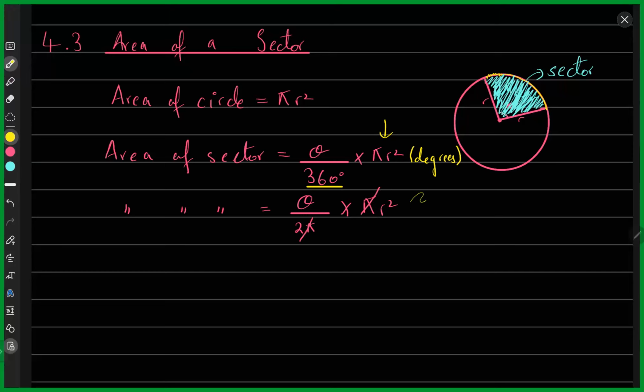And this is when your theta is in radians. Upon simplification, you would get theta r squared by 2. This is the area of the sector.